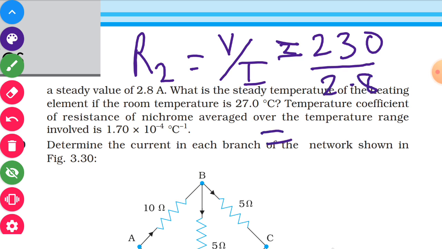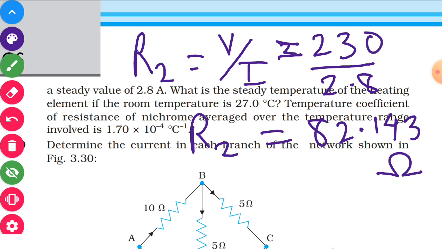So 2.8 you have to take as the new current. So now the resistance becomes 82.143. So initial resistance was 71.875. Now this current has settled and new resistance has become this much.